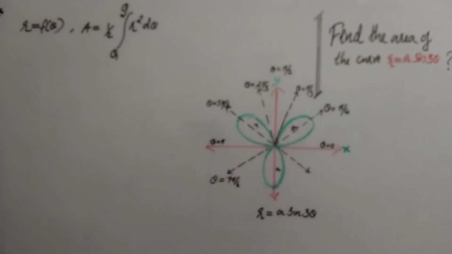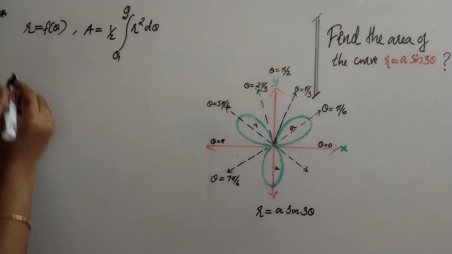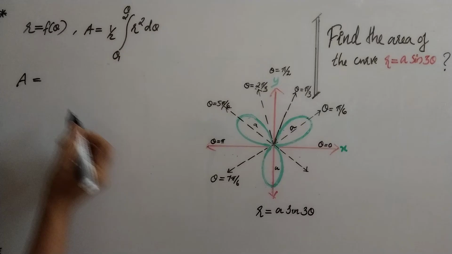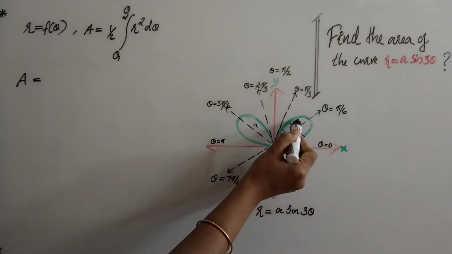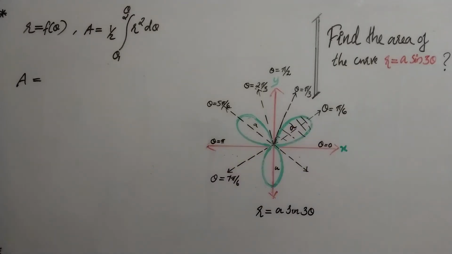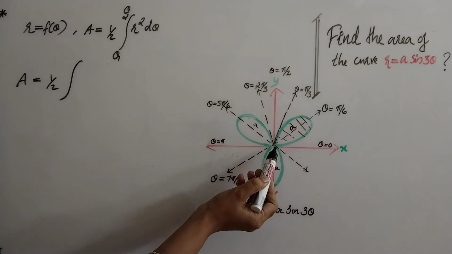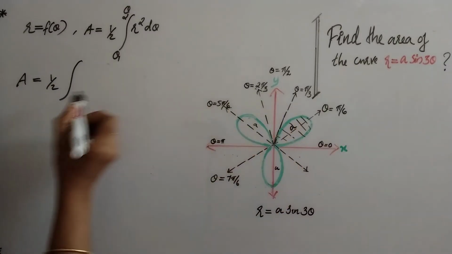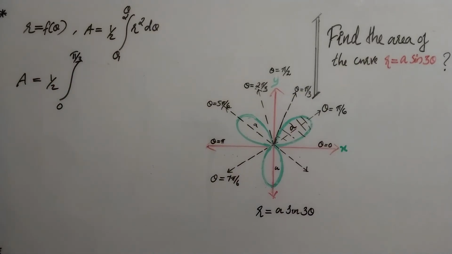So if we find the area of one loop, we can find the area of 3 loops. In the first quadrant, the area of this loop multiplied by 3 gives the complete area of the curve. Here area A equals 1 by 2 times the integral of r square d theta, with theta varying from 0 to pi by 3 for the first loop in the first quadrant.